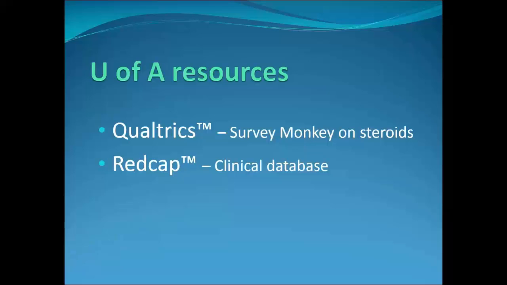Then suddenly people are putting in things and they want to sort something and they didn't grab everything. So they only sorted half of the observations and the other half aren't sorted, and it gets to be a mess in a hurry. So these are freely available through the University of Arizona. It's just signing up for a license as far as that goes. So those are 2 that we would recommend.